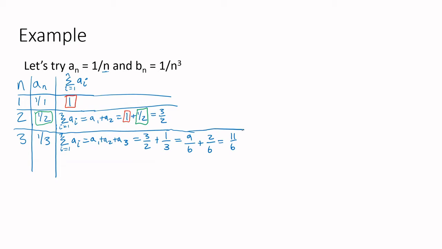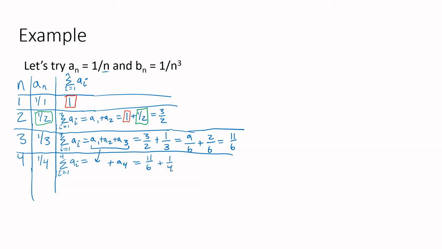Okay, let's do one more so we can see it again. So I go 4, that's 1/4. And then the sum from i equals 1 to 4 of a sub i is again just this piece plus a sub 4, which is 11 over 6 plus 1 over 4.